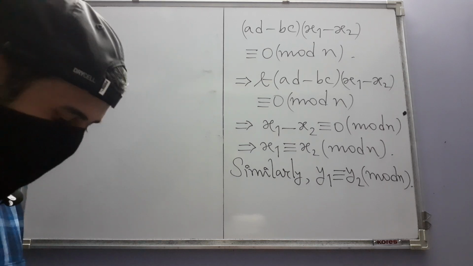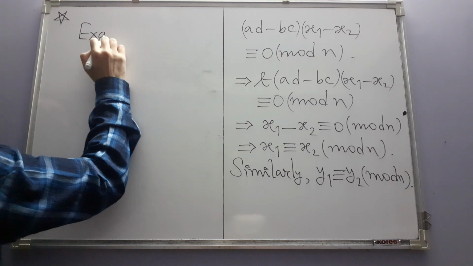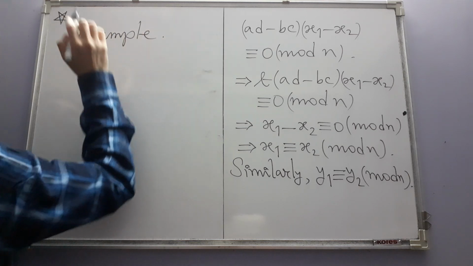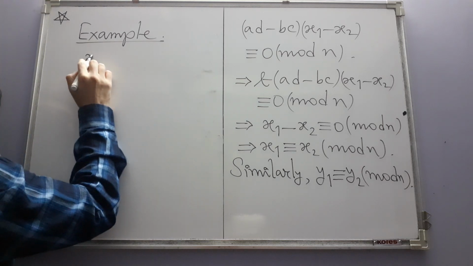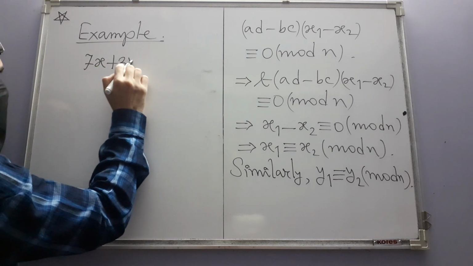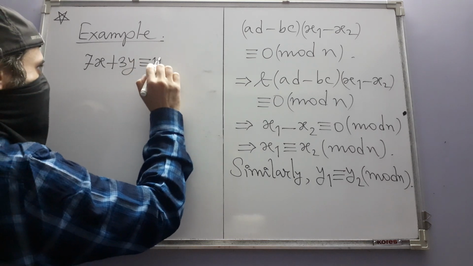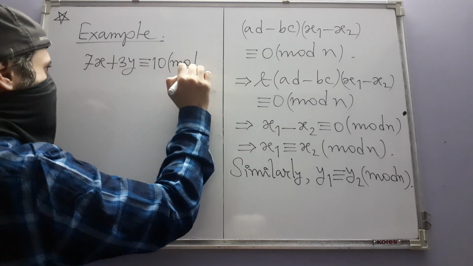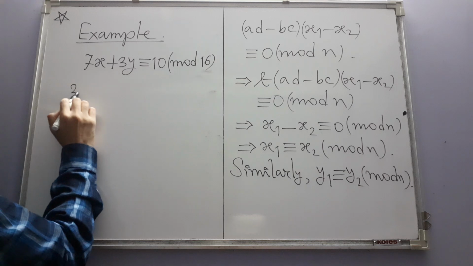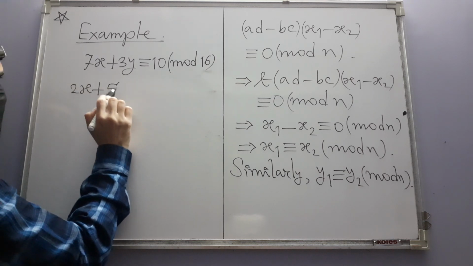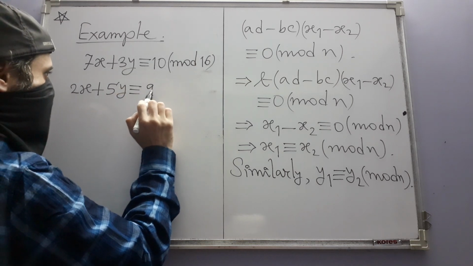And that system is this. 7x plus 3y congruent to 10 mod 16 and 2x plus 5y is congruent to 9 modulo 16.